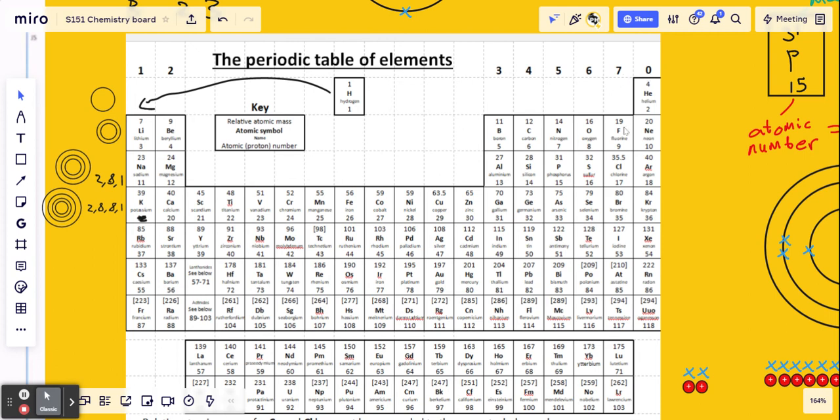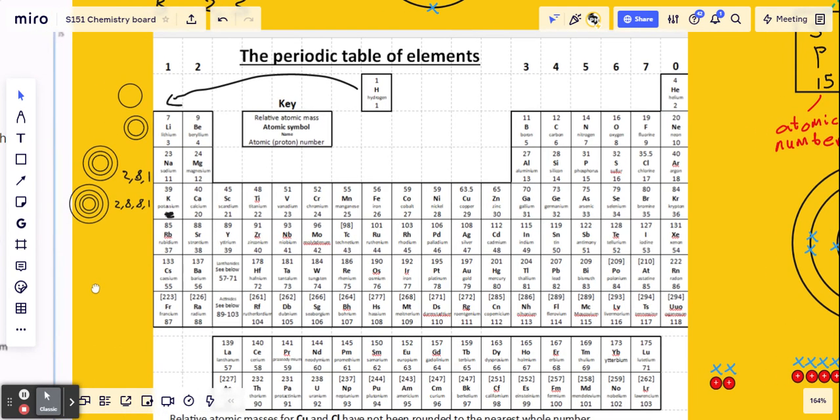Whereas this could lose 7, but it doesn't lose 7 because it's much easier for it to gain 1 in the case of fluorine and chlorine. If you go over to group 1 and group 2, so some of the metals, then instead of gaining electrons, they actually lose them.